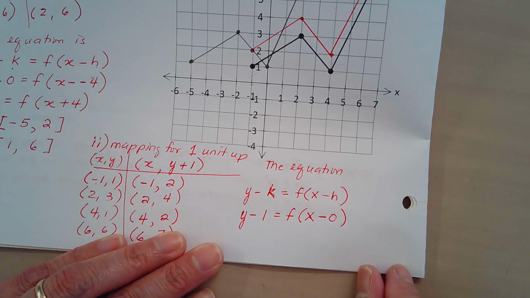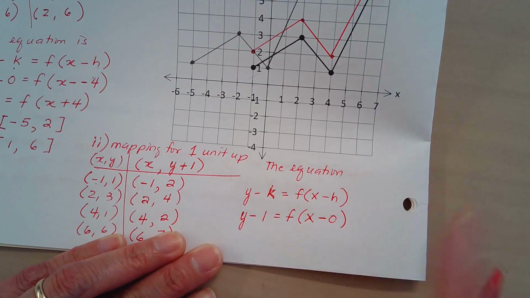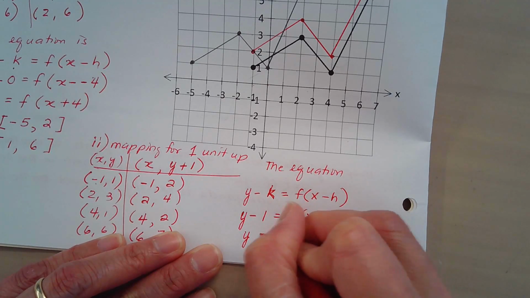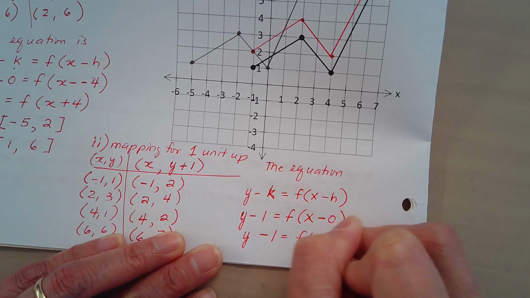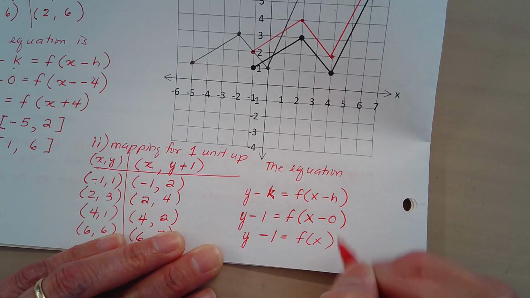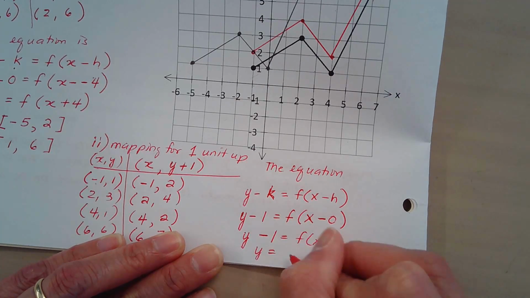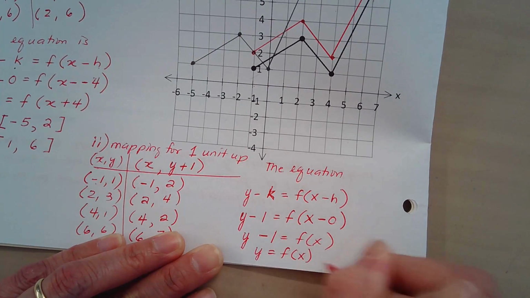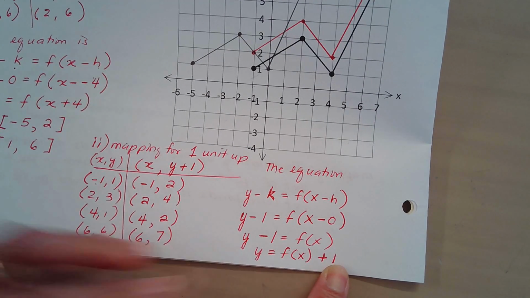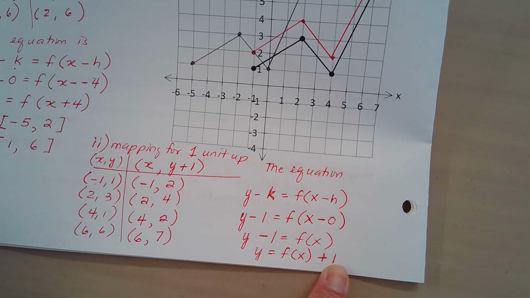Okay. So if we simplify that, it becomes y minus 1 equals f of x. So we can write it like that. Or if we bring it to the other side, y equals f of x plus 1. And that's the plus 1 that we see shifted up.